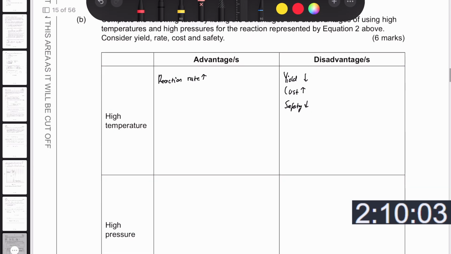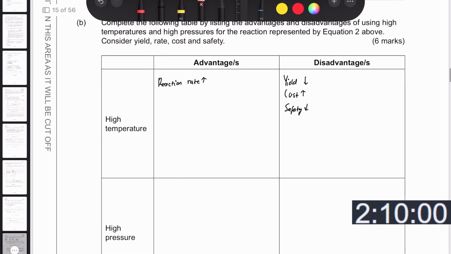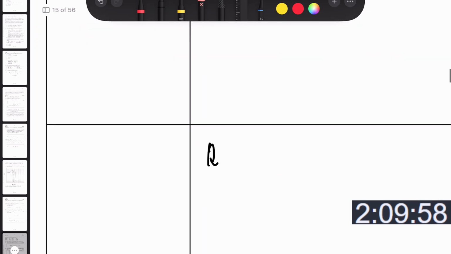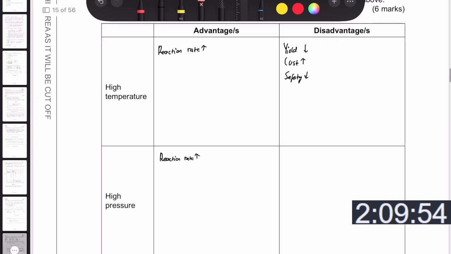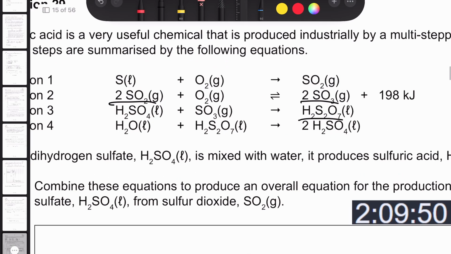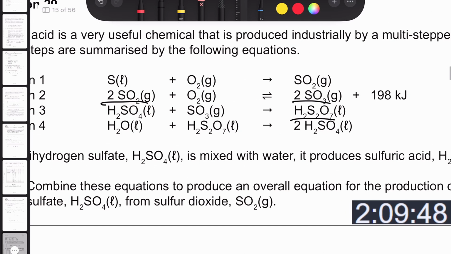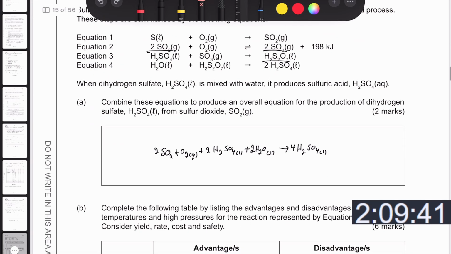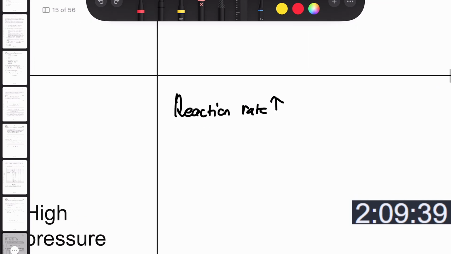Okay. Let's see, if we use high pressure, then high pressure will definitely increase reaction rate. High pressure causes that to go that way. So high pressure will increase yield. So yield will increase.